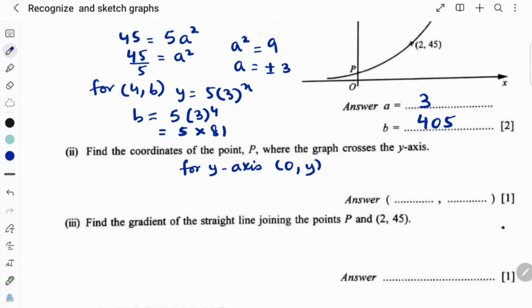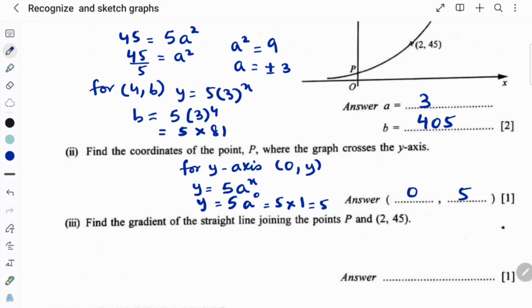It means that we substitute x is equals to 0. So y is equals to 5a to the power x. Okay, so that is 5a to the power 0. It means that 5 times 1 is 5. So your answer will be equals to 0 comma 5.